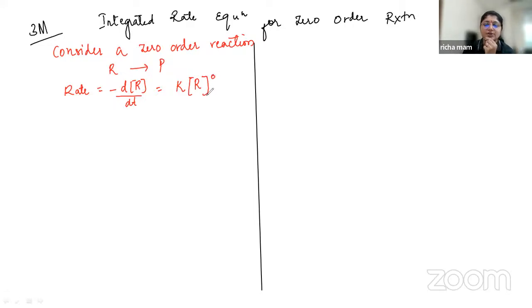So this is our zero order reaction. By definition, the rate of reaction is proportional to the zero power of the concentration of the reactant.